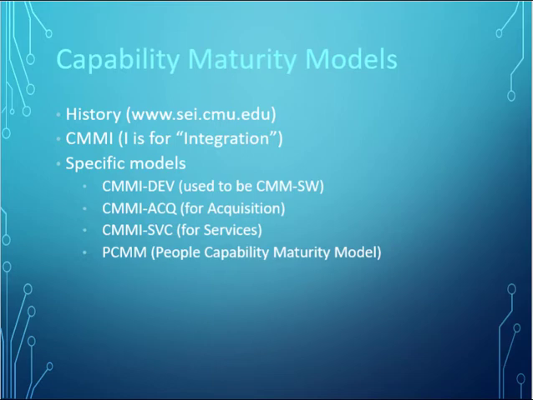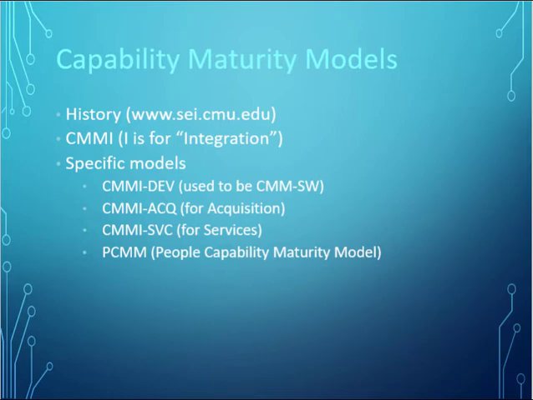In the years after that, they realized that the basic structure of that model could be used in a lot of different areas in a company. So they separated the software-specific part from the general framework. And the general framework is the CMMI.